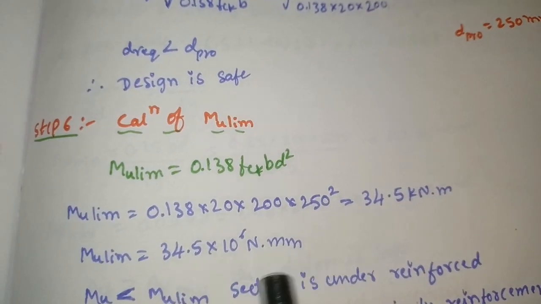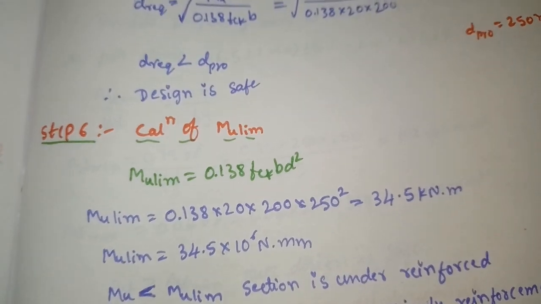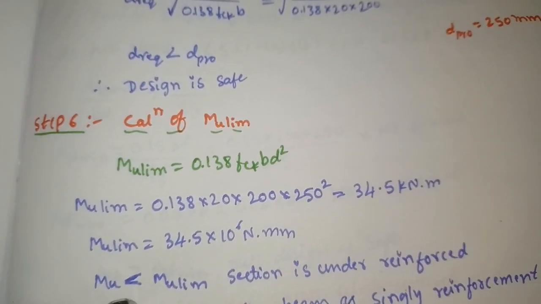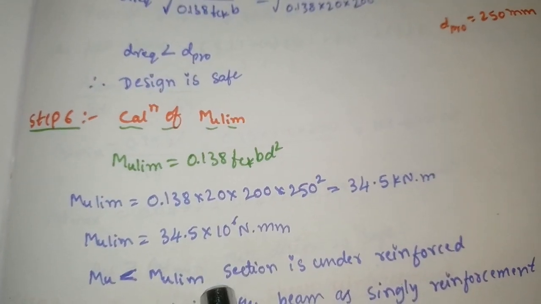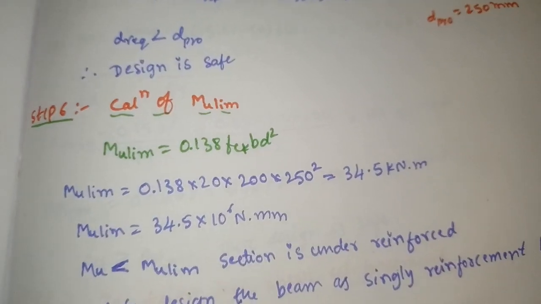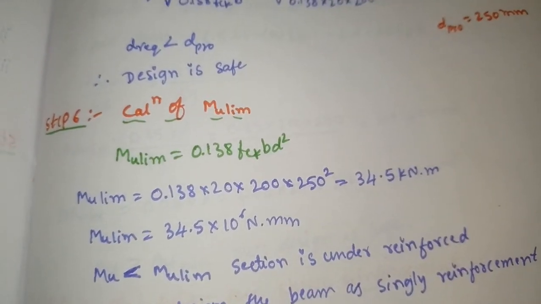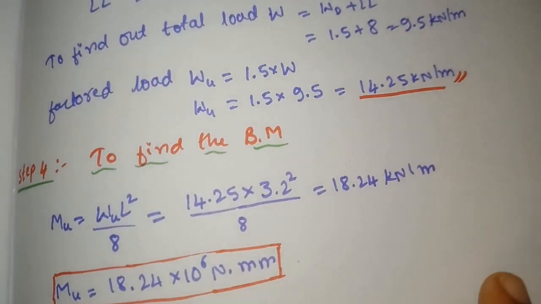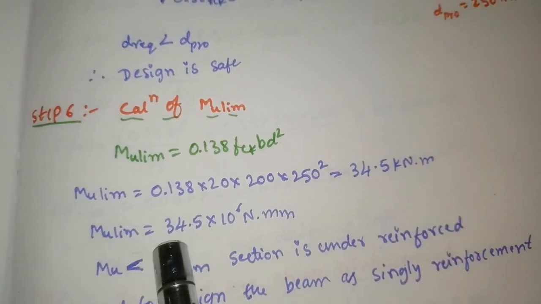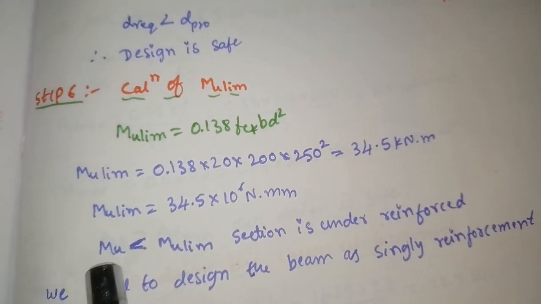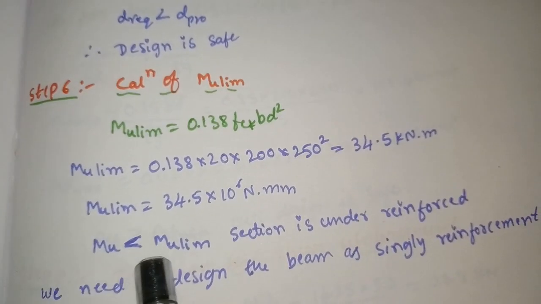Now the Mu bending moment we have calculated is less than our Mu limit value. Our Mu value which we have calculated is 18.24, and our Mu limit value is 34.5 into 10 to the power of 6. So our Mu is less than the Mu limit.